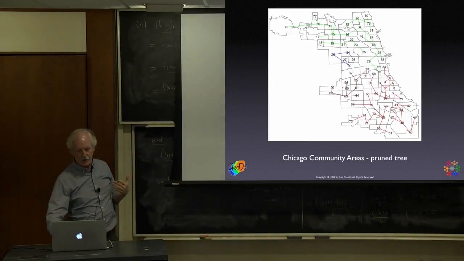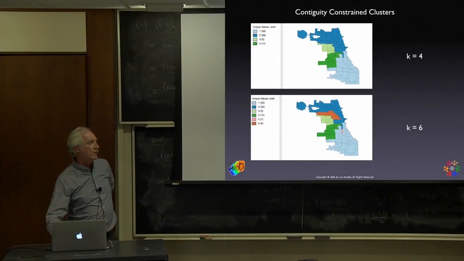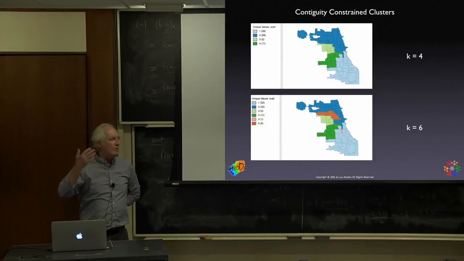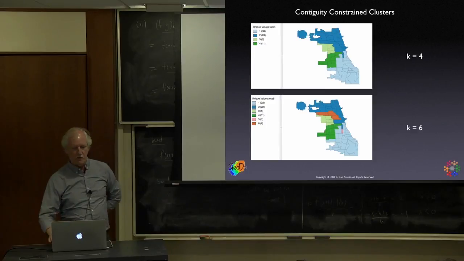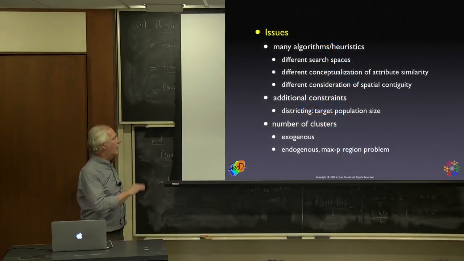So then we end up with something like this, which has a 2. Given the constraint of contiguity imposed, these are the most similar internally and the most dissimilar between the two. This is just one example of many different algorithms.